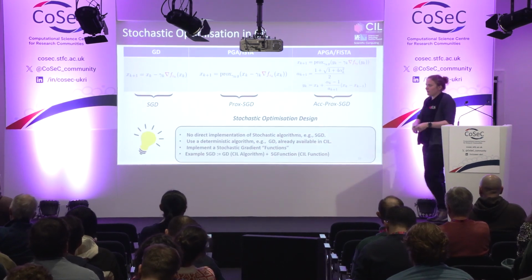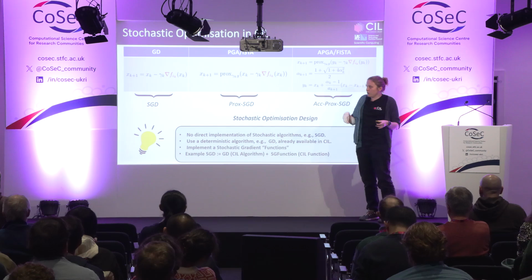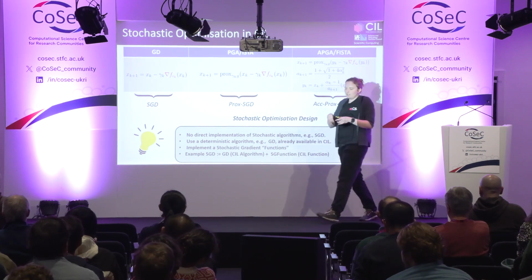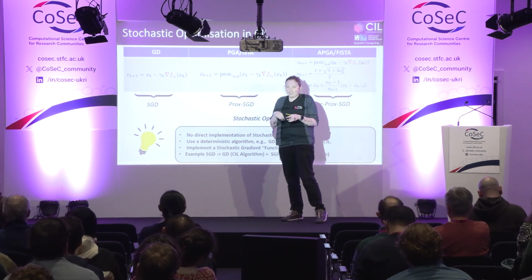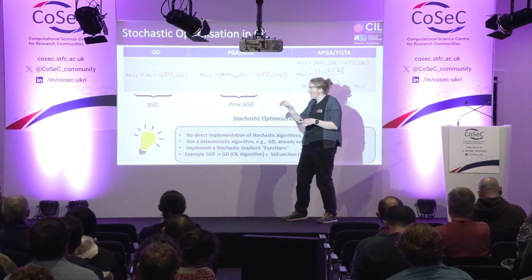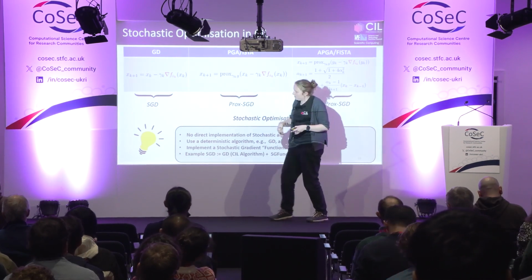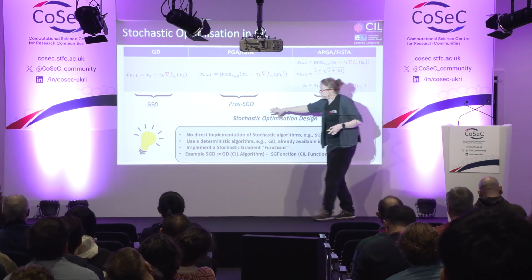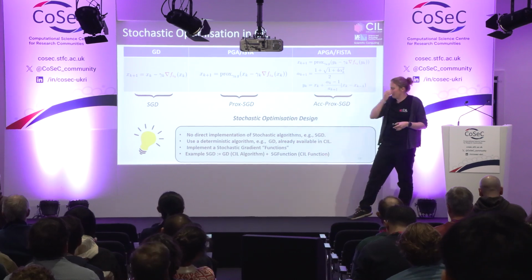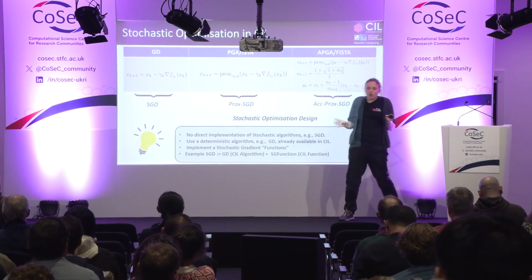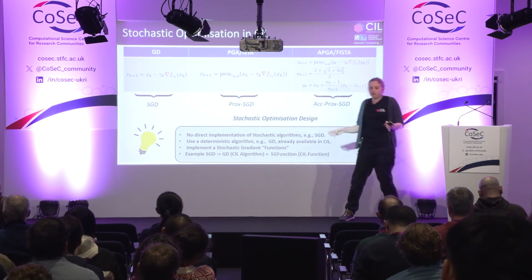So with those deterministic algorithms that we had before, adding in this randomness by sampling an index and replacing that gradient, we've now got 3 new algorithms: stochastic gradient descent, proximal stochastic gradient descent, and accelerated proximal stochastic gradient descent. So with one change, we've got 3 algorithms for free.